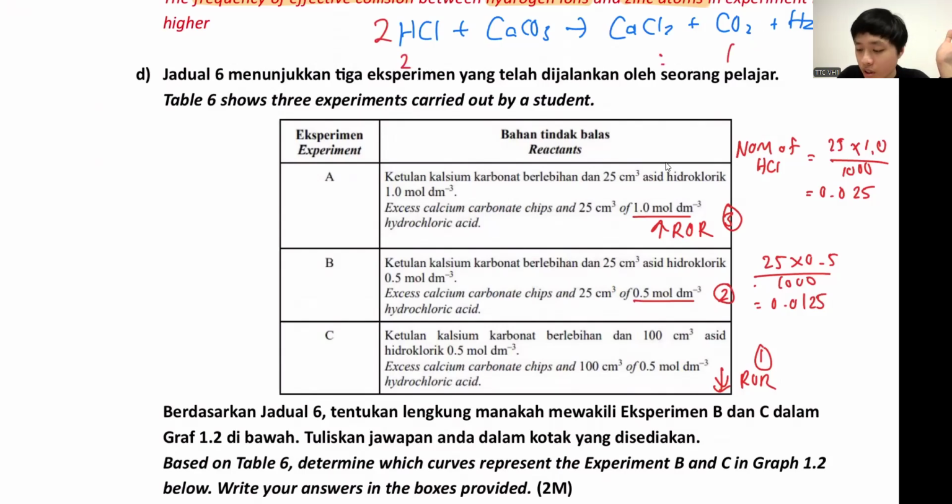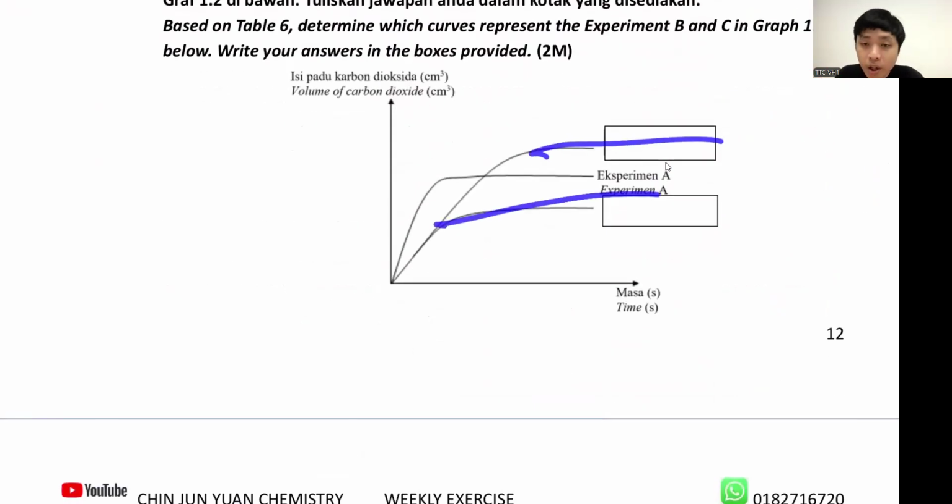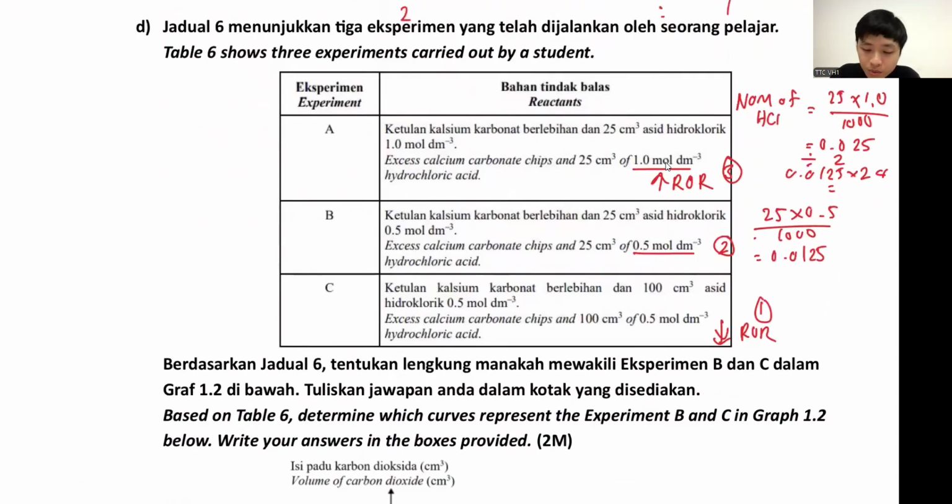So this one you divide by 2, you get 0.0125, multiply molar volume. You have the calculator to calculate, but I show you why the height is different. So you will get 0.3 dm cube. You can say you got 300 cm cube.